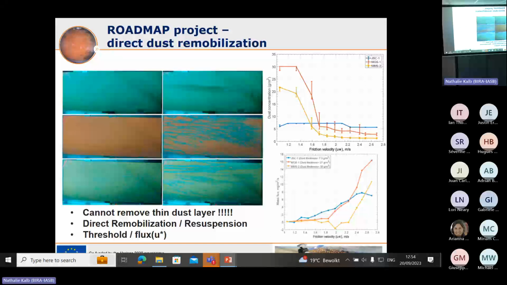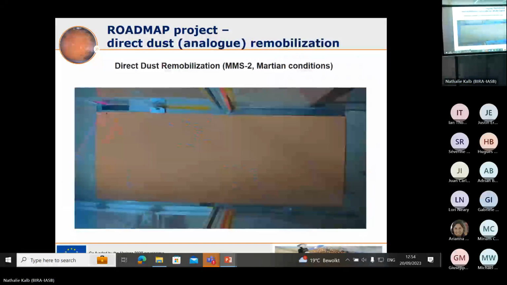So we could remove the dust and we could see it being removed by the color essentially, and we could detect the stuff that gets resuspended. This is a movie showing how it gets removed. So you can see it's kind of weird. You generate these big aggregates which kind of peel off a little bit like wallpaper.